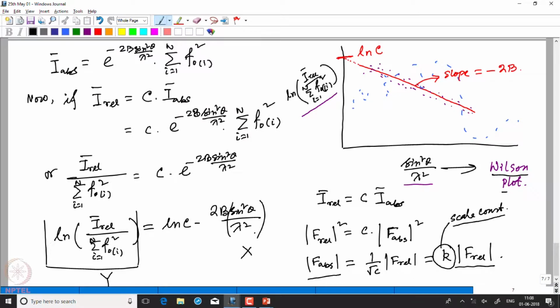This Wilson plot is generated to identify a good data set from a bad data set, and also to identify the scale constant, which is related to this C. So ln C is calculated from the data by extrapolating to sin theta by lambda square equal to 0, and the slope of the straight line gives you an estimate of the thermal parameter B.